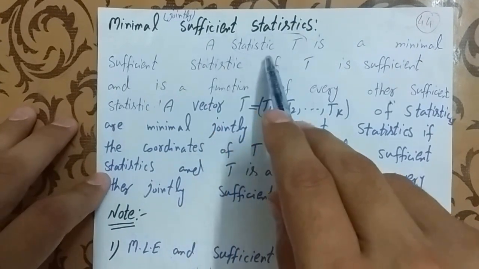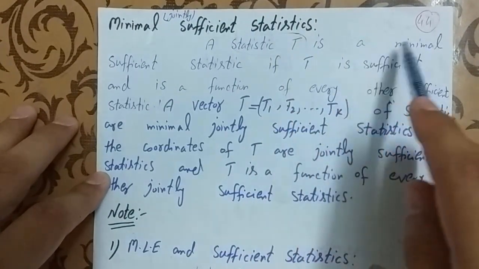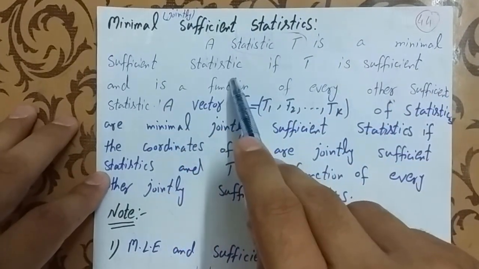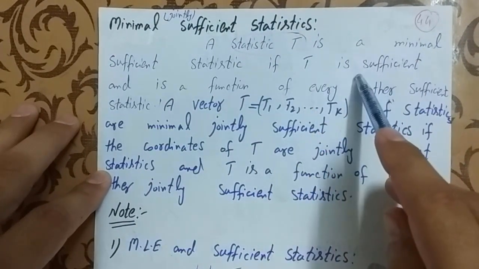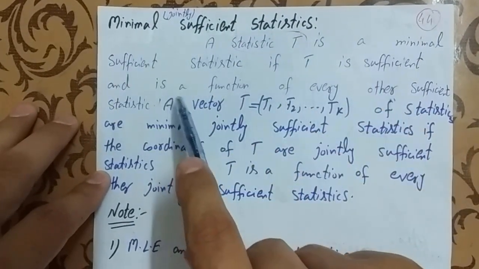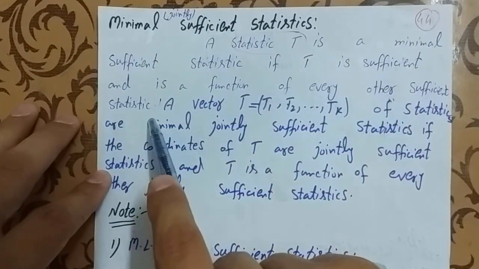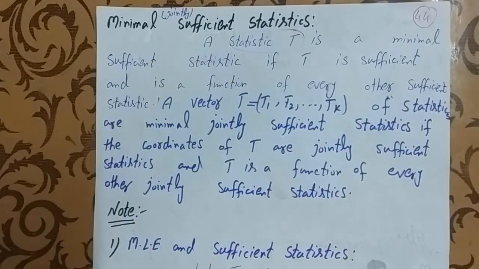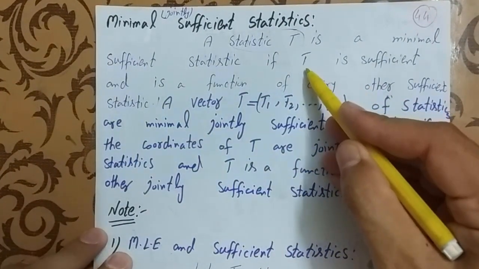A statistic capital T is a minimal sufficient statistic if capital T is sufficient and is a function of every other sufficient statistic. Dear students, it means T is sufficient.